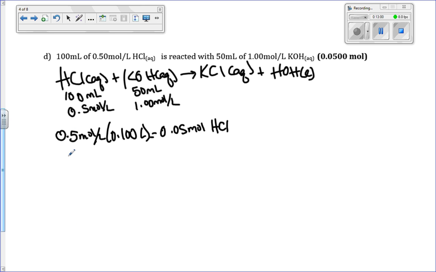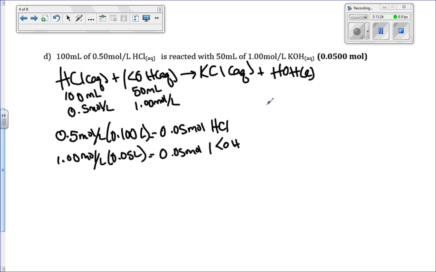Okay, so 0.05 moles of hydrochloric acid, and when we're looking at our potassium hydroxide, we have 1 molar times 0.05 liters equals 0.05 moles of potassium hydroxide.